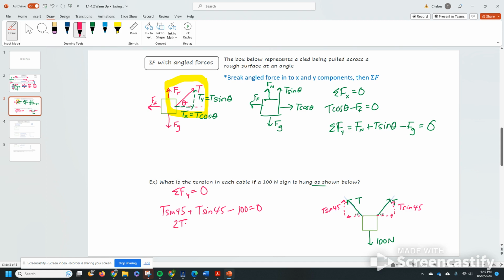So I've got two T sine 45s. Let's add the 100 to the other side. Now we can divide both sides by 2 sine 45, and we should get T equals a number. It's 70.7.